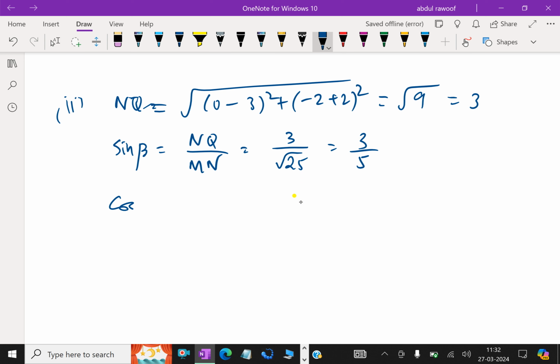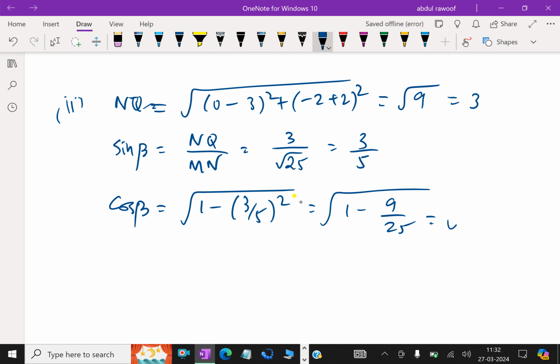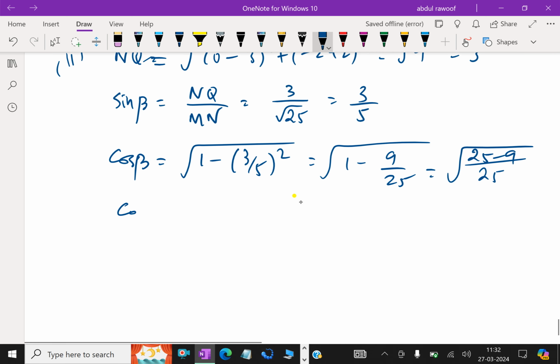Similarly, cos beta is the square root of 1 minus sine squared beta, that is 1 minus 3 over 5 squared, which is the square root of 1 minus 9 over 25, with denominator 25, 25 minus 9 is 16. The square root of 16 is 4, so cos beta is 4 over 5. We got cos beta and sine beta.